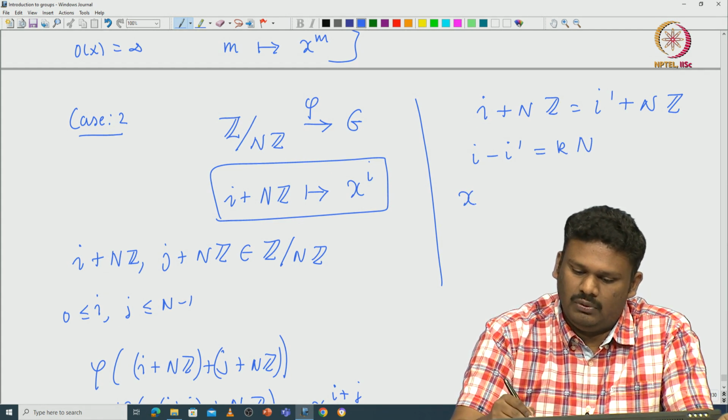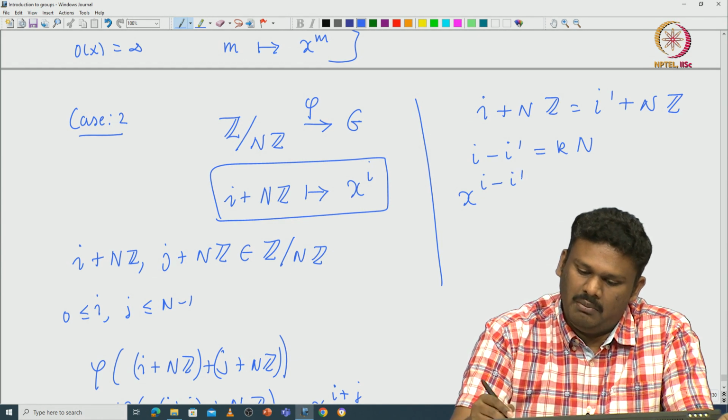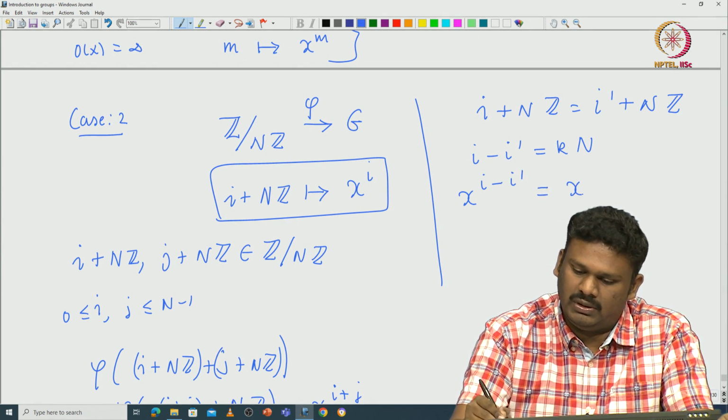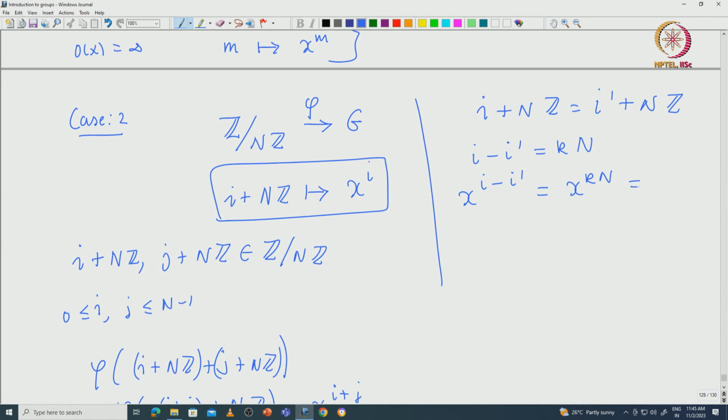So if you raise X to the power I minus I dash, then it is exactly equal to X power kn, which is the identity. This would imply that X power I is equal to X power I dash. Here you can assume without loss of generality that I is greater than or equal to I dash.